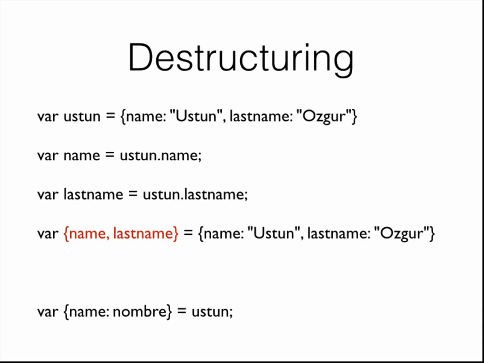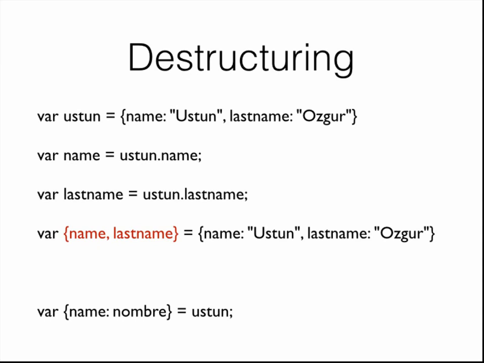And again, it is loose. For example, if on the right-hand side this had an ID field, it wouldn't affect the left-hand side. Similarly, if the right-hand side didn't have the last name field, this last name would simply be set to undefined.